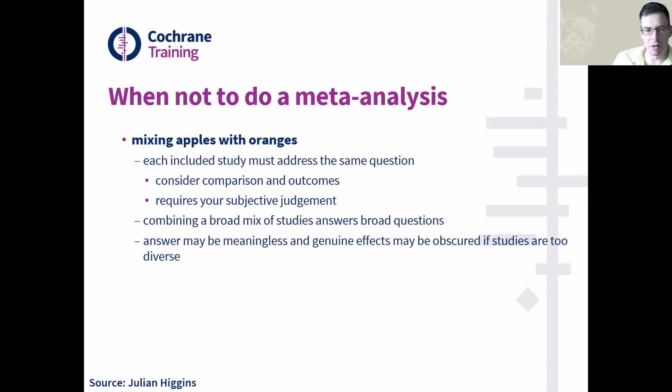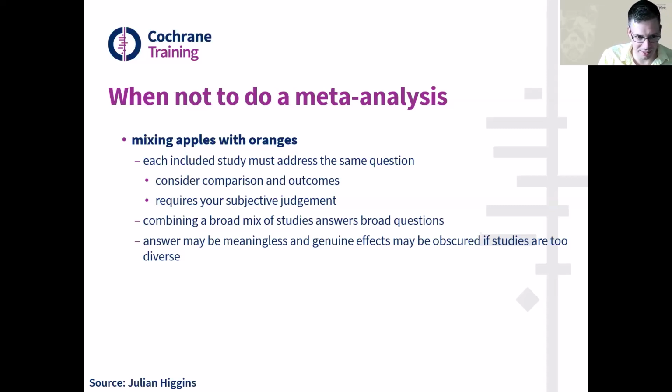Obviously, if you put a broad mix of studies together, you might be answering a fairly broad question. A classic example is a meta-analysis many years ago of all kinds of psychotherapy interventions to treat mental health conditions. It didn't concern itself with what the mental health condition was or exactly what type of therapy it was.